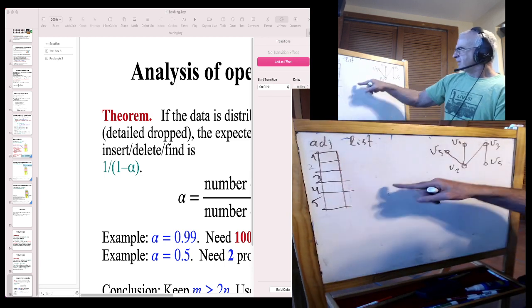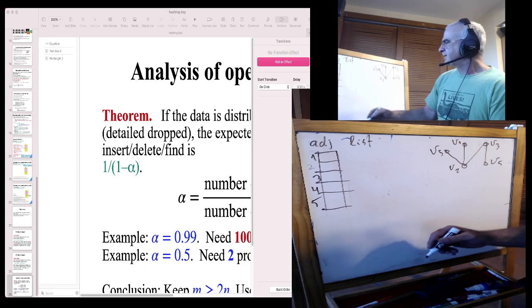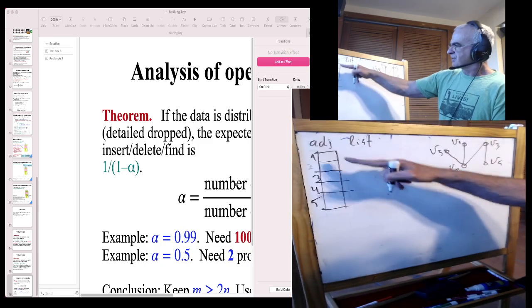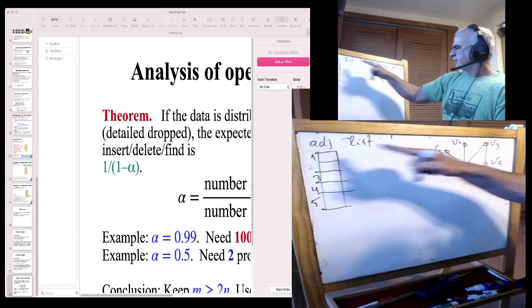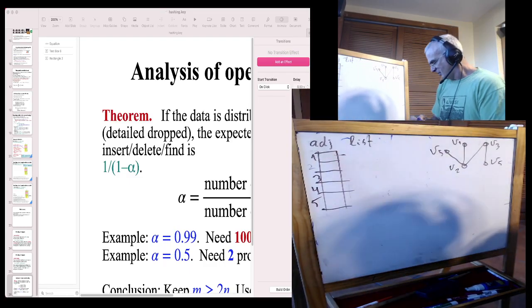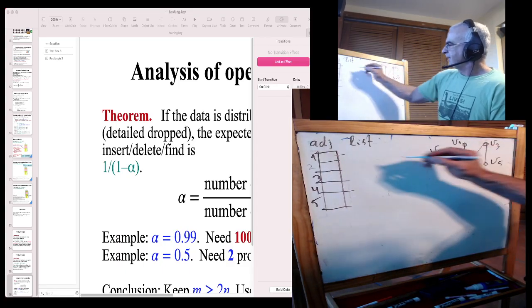And each one just contains the beginning of a linked list of all the vertices that are neighbors of this vertex. So the list of vertex 1 will contain all its neighbors.